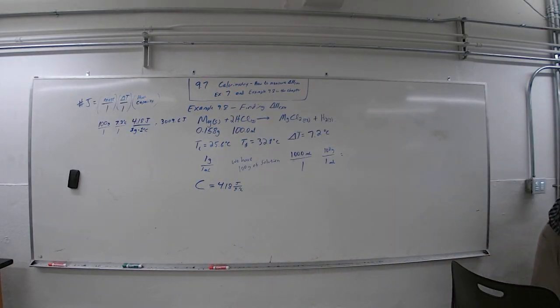How can we use 100 grams when there's 0.158 of the magnesium? It's telling you the density of the solution after the reaction, so it's involving the magnesium.